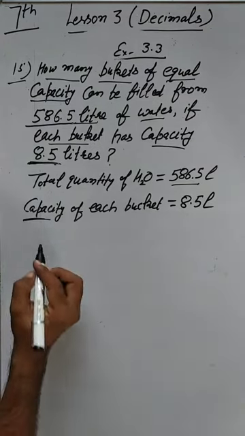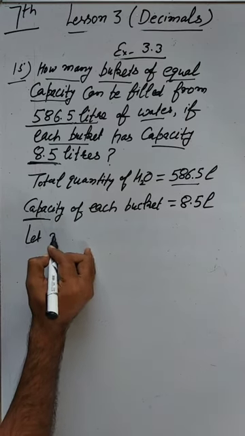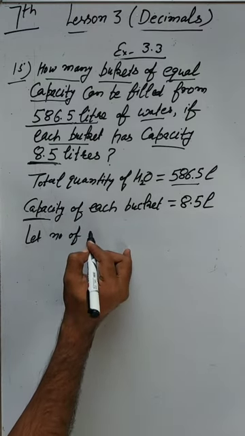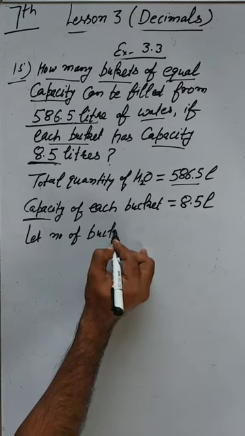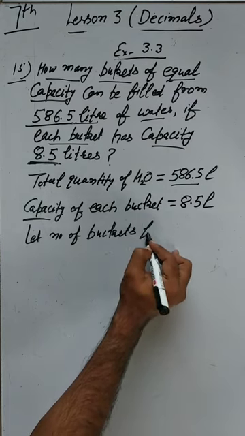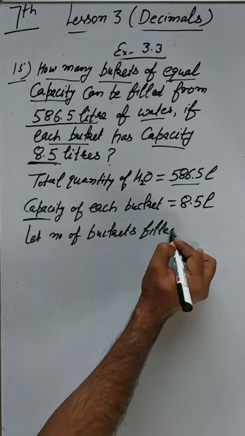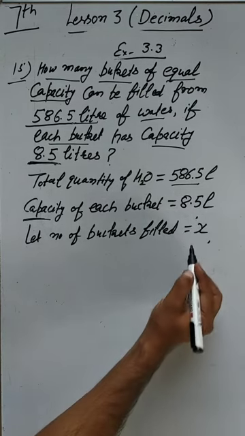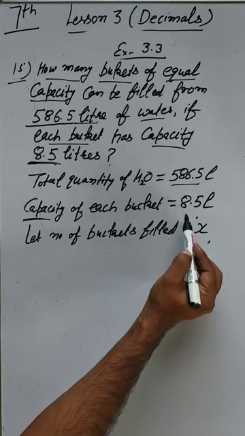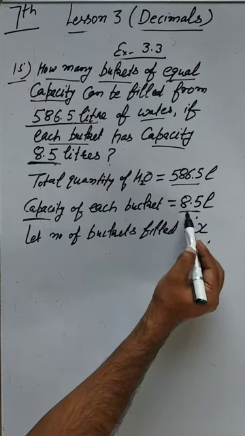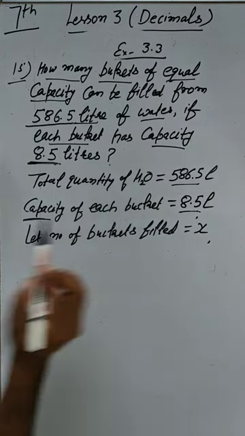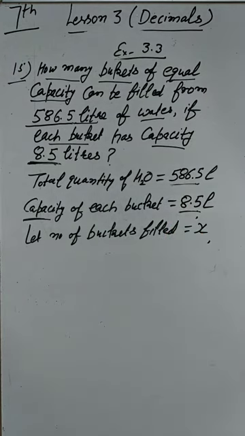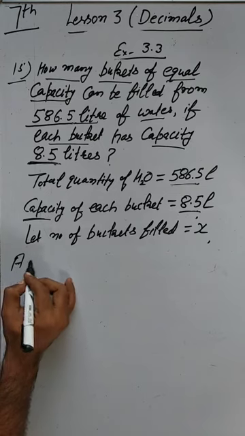As in the last question, beta, let the number of buckets filled be x. Suppose we have filled x number of buckets, each of capacity 8.5 liters, from the 586.5 liters of water.